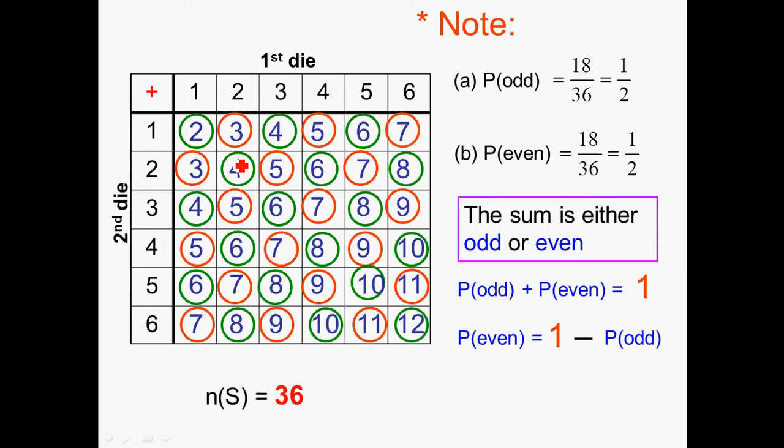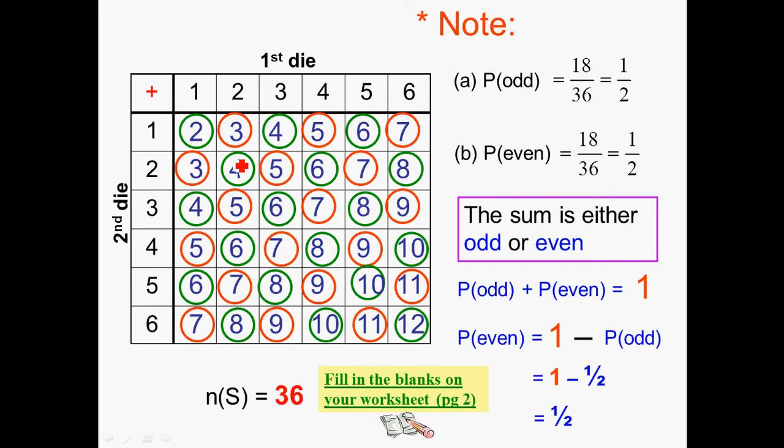Alternatively, if you want to do part B, probability of even numbers, you can use 1 minus the probability of odd. Take note, for part B, this is the event that you want.